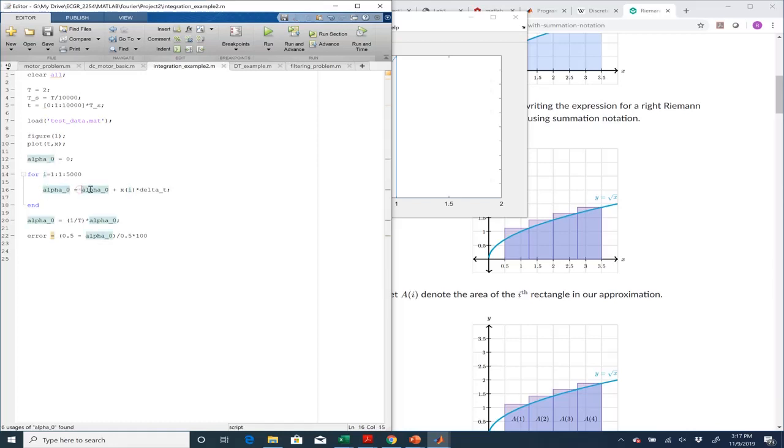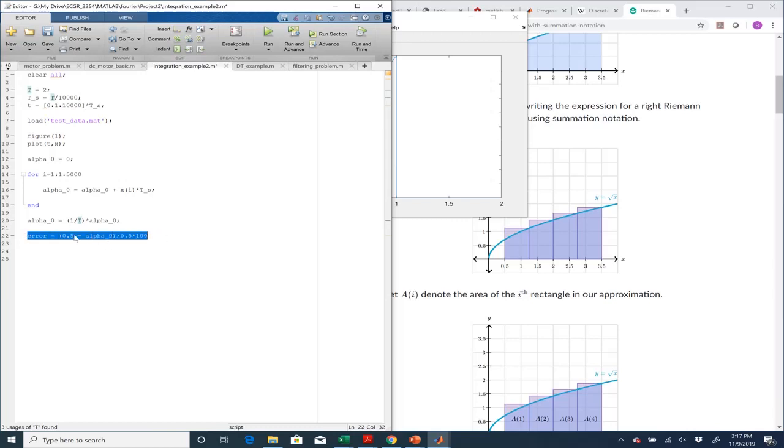So I take whatever it was before, and I add on to it the area of the newest rectangle. Since I renamed delta t to be t sub s, I'll write it like that. Notice what I do at the very end is I multiply by 1 over T because I'm computing an average. Then I calculated the percent error.